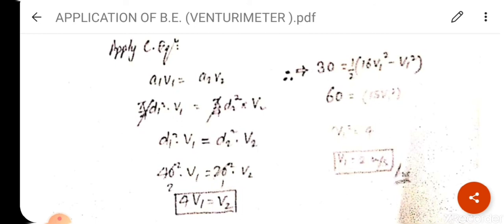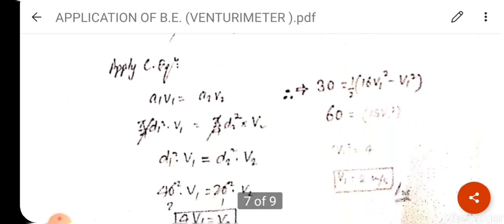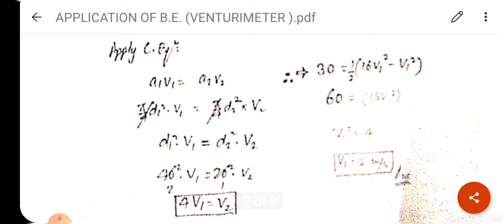Putting the value of V2 in the Bernoulli's equation, it becomes (16V1 square minus V1 square) upon 2, and the pressure is also given, which I have already solved here. Finally, you will get V1 is equal to 2 meters per second.